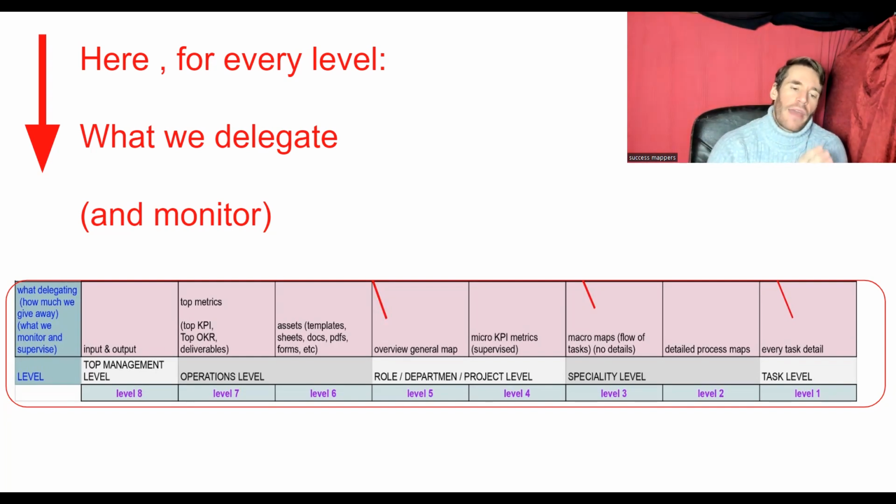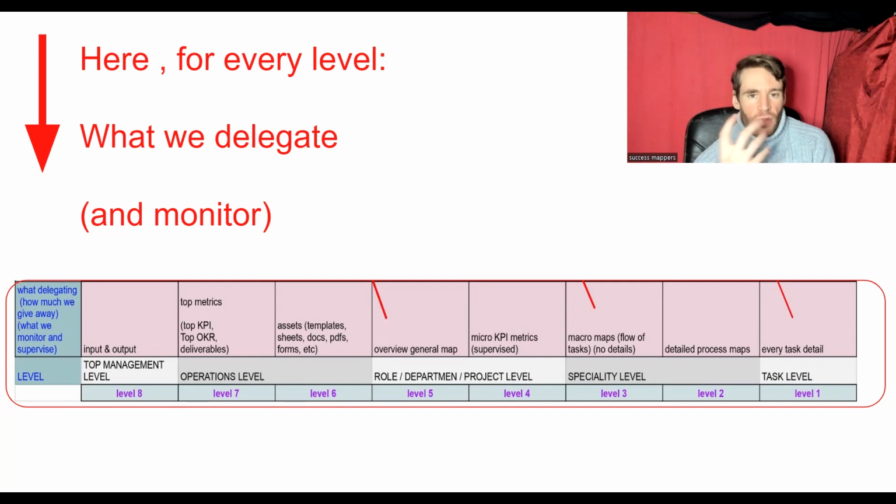When you go up in the level, since you remove details of the task and some details of the process, you will need to monitor with metrics or deliverables. So when you go from level 4 to level 5, we introduce project management skills.